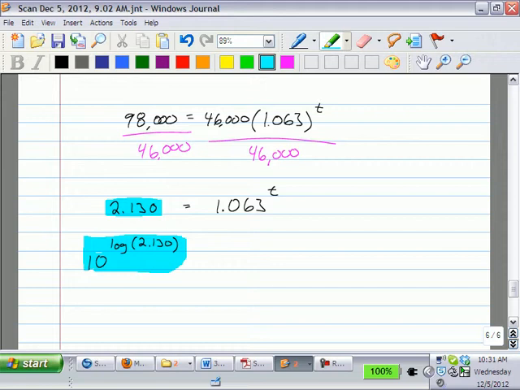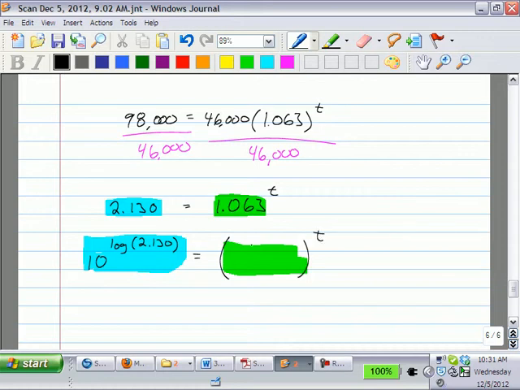Okay, good. Equal, the same. So on the right-hand side, I'd like to take 1.063 and put its equivalent in base 10. Ten to the what is 1.063?